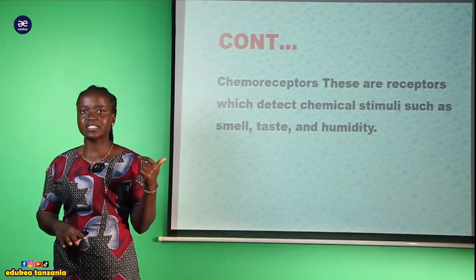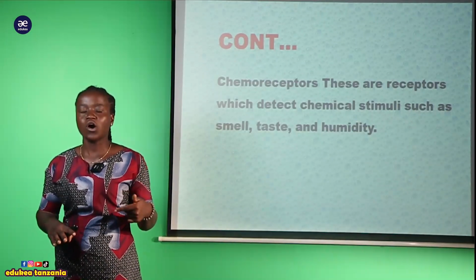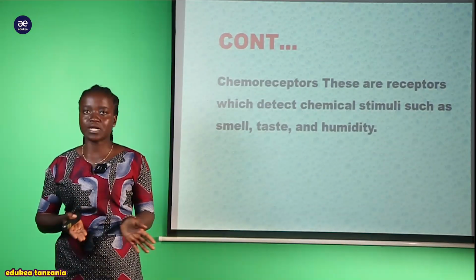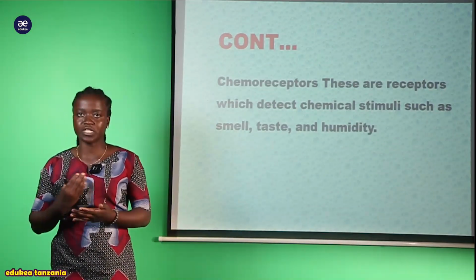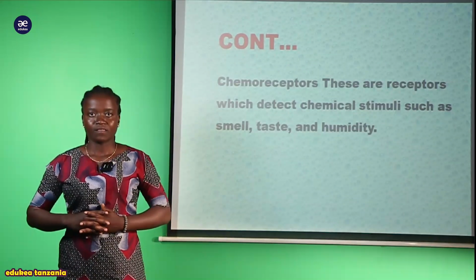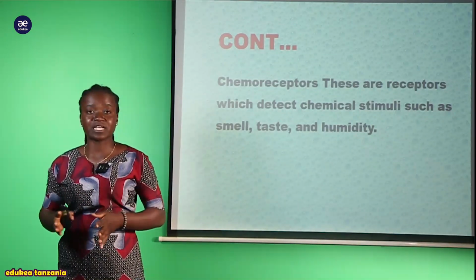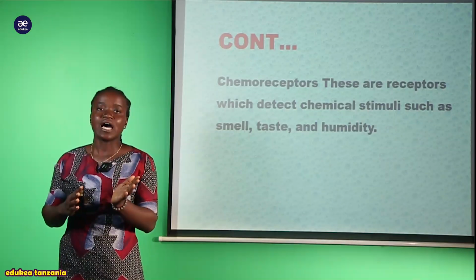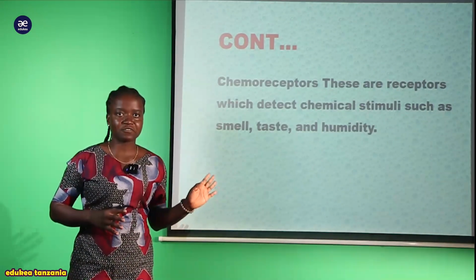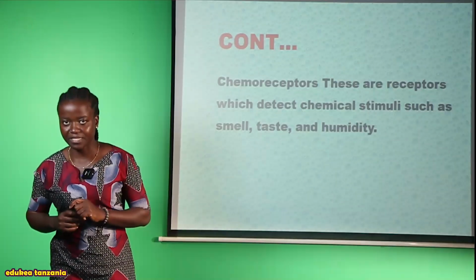They are confusing terms, but you have to understand, because if you understand, it will be easy for you to distinguish between mechanoreceptor and chemoreceptor. So these are two kinds of receptors which function differently. Now we have to see the chemoreceptor.